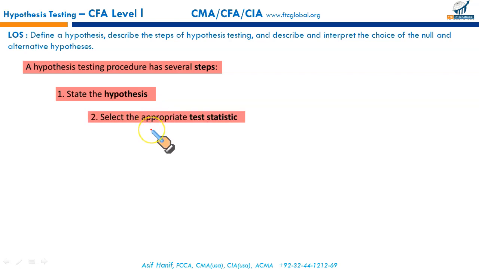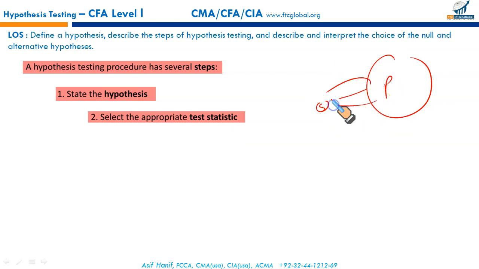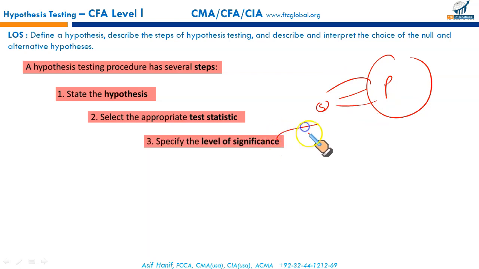The second step, select the appropriate test statistic, means some specific aspect of the sample that has been taken from the population. That's the second step. Then specify the level of significance. We'll discuss this. 1%, 5%, 10%.